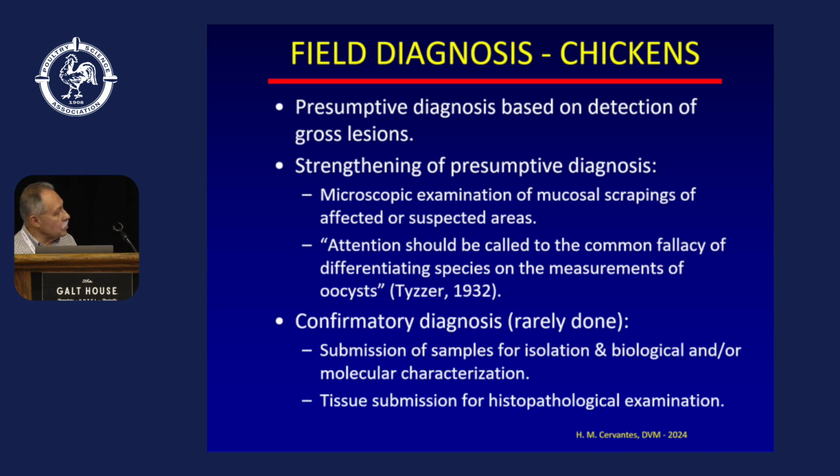Confirmatory diagnosis, I must admit, is rarely done. Why? Because you require submission of samples for isolation and biologic and/or molecular characterization, in addition to tissue submission for histopathological examination. Both procedures require expense and time, and that's probably the main reason they're rarely done.